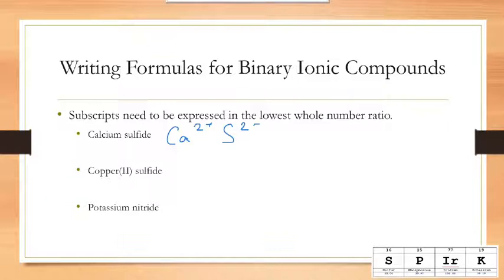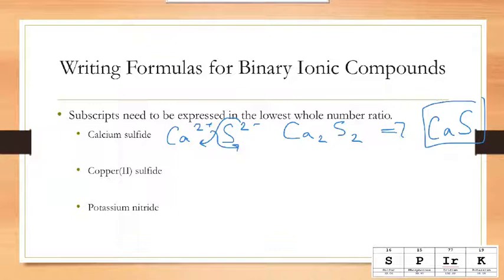So when we do our crisscross method, we should get Ca2S2, right? But since we need to express it in the lowest whole number ratio, 2 and 2 can be reduced to give us CaS. And this is going to be the correct formula for this compound.